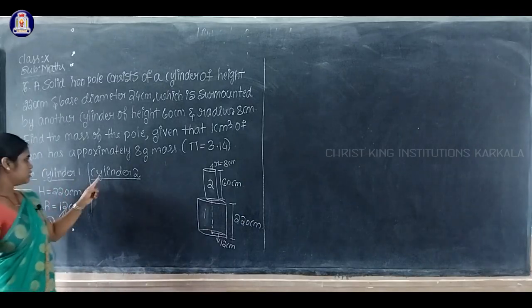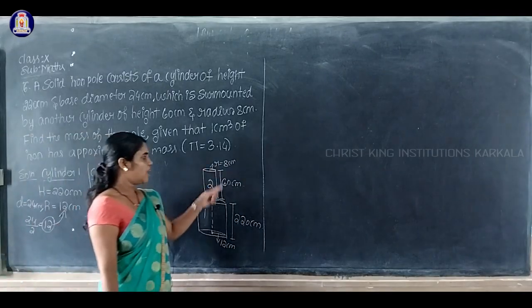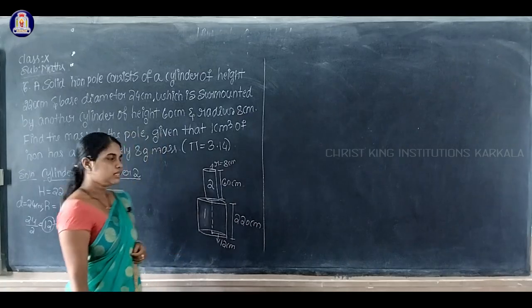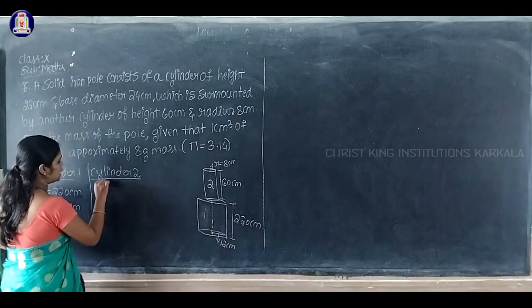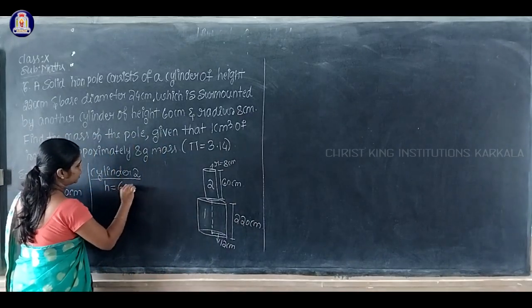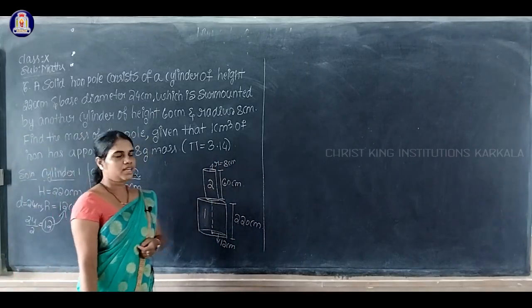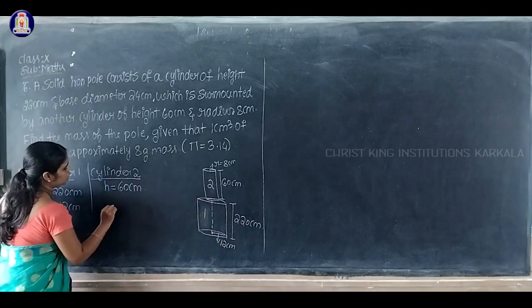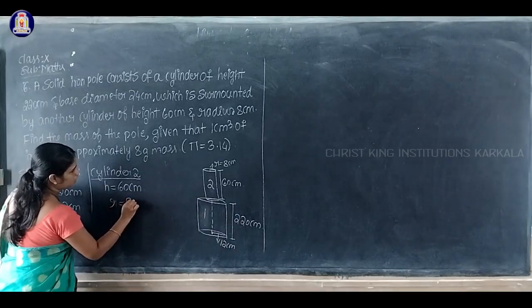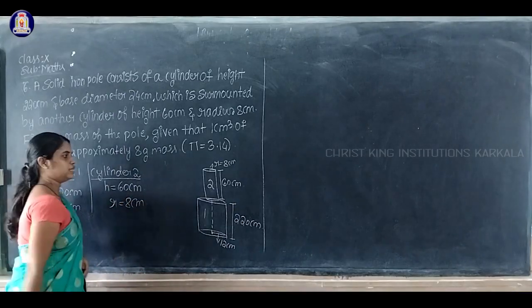Next, for cylinder 2, the height value is 60 centimeter, so small h equals 60 centimeter. And the radius is 8 centimeter, so small r is equal to 8 centimeter.